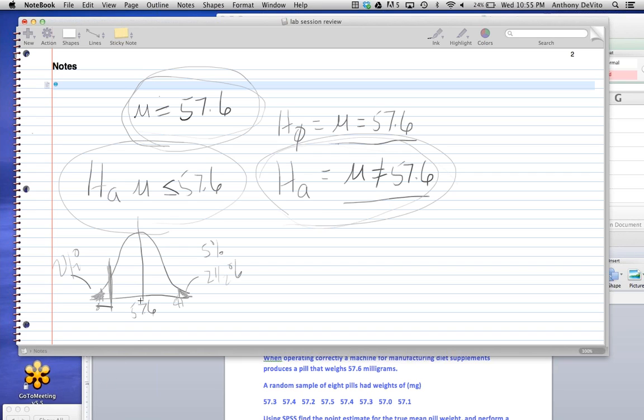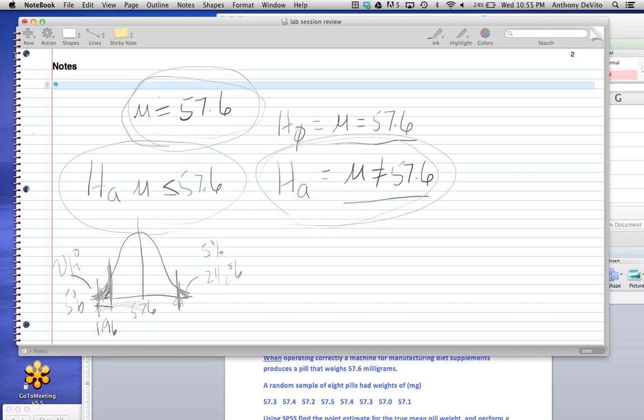reject the null hypothesis. Well, then I can put all 5% down here, which means the z-score I would need, the number of standard deviations or standard errors away from the mean, for a two-sided hypothesis, for a large sample, is going to be 1.96.